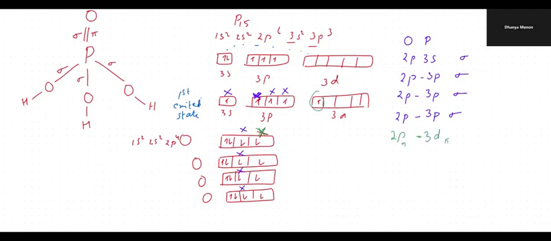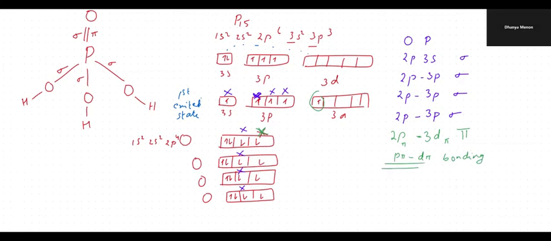Pi bonds. So it is a p pi d pi bonding. So there's only one pi bond. What kind of bonding is that? P pi d pi bonding.